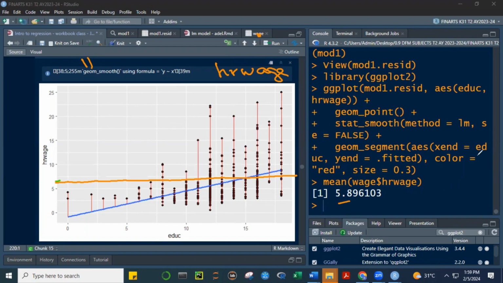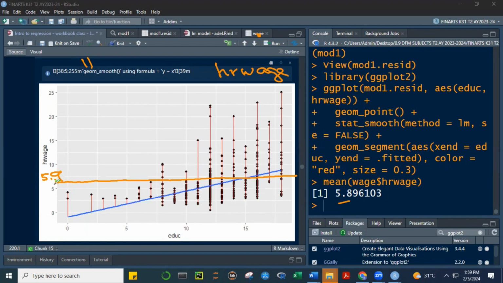If education is 15, what will be your predicted hourly wage? 5.9 still. So no matter what the education, these values of education, the y value will still be 5.9.